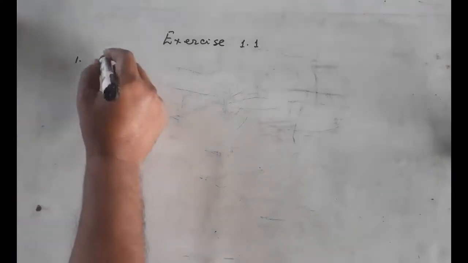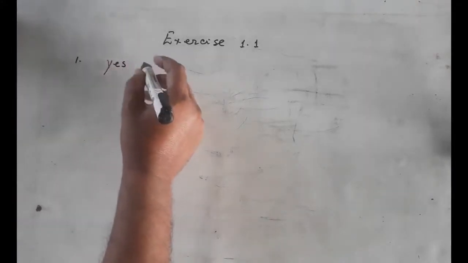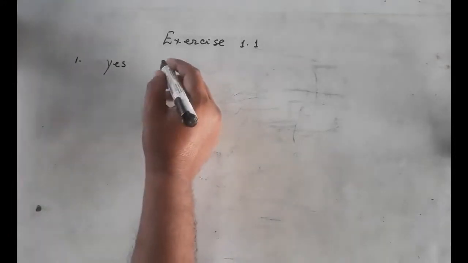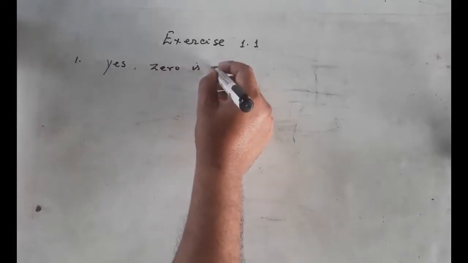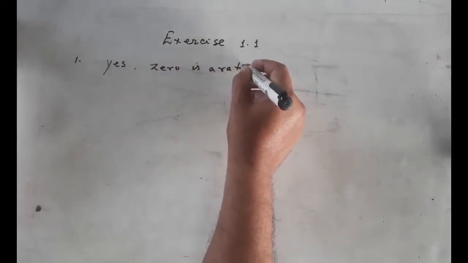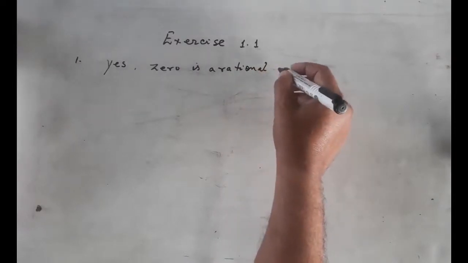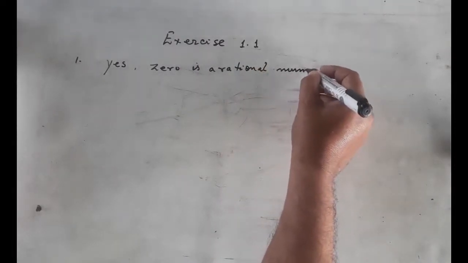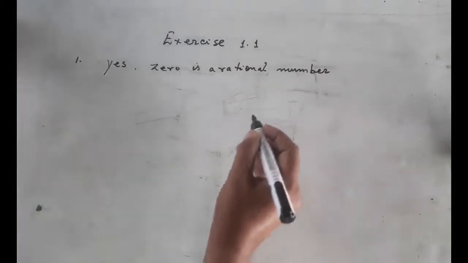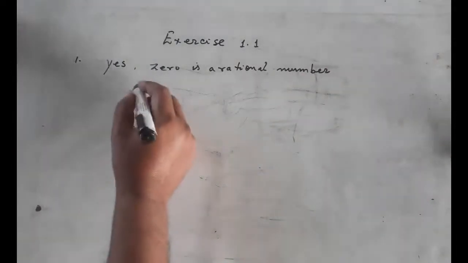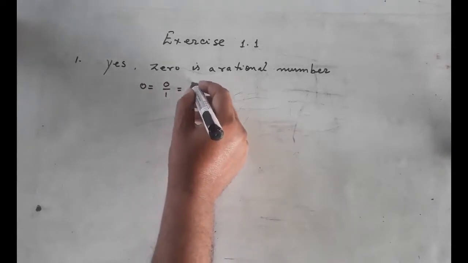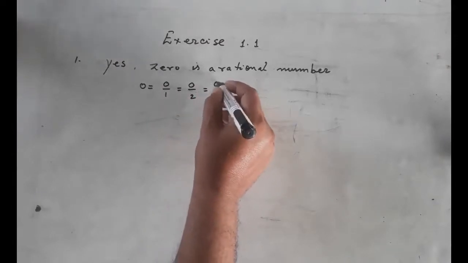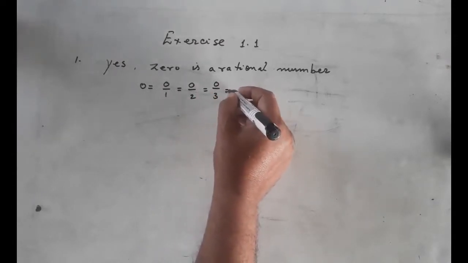Yes, 0 is a rational number. Why is 0 a rational number? Because 0 can be denoted as 0 by 1, 0 by 2, 0 by 3, and so on.